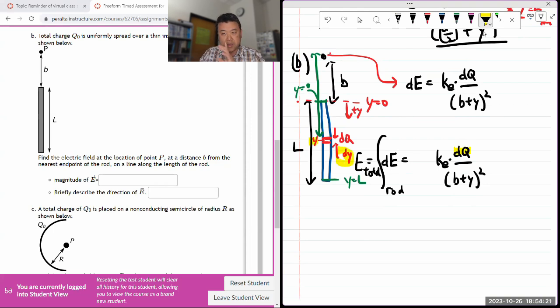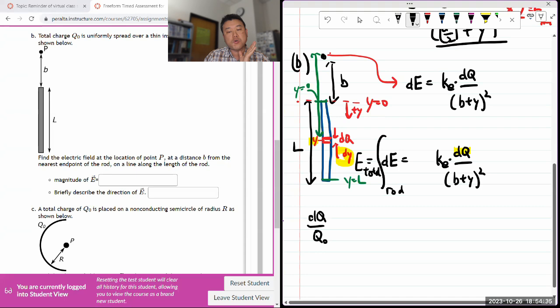And as you think of that, I hope this is an expression you can arrive at on your own somehow. Something like, so let's see, dq over q naught, the proportion of the total charge that dq is, is going to be the proportion of the total length L that dy is.